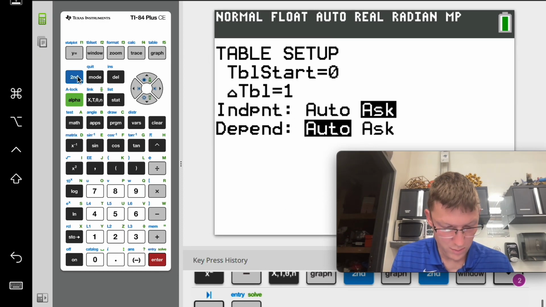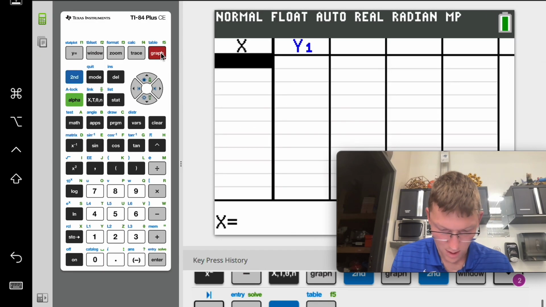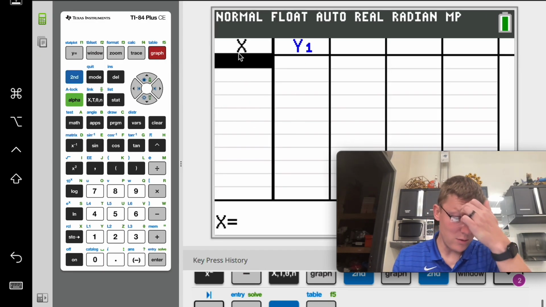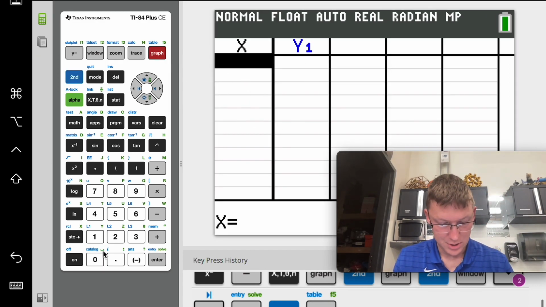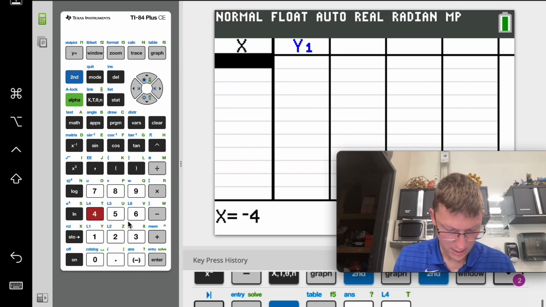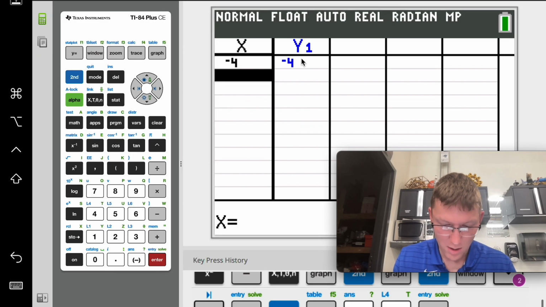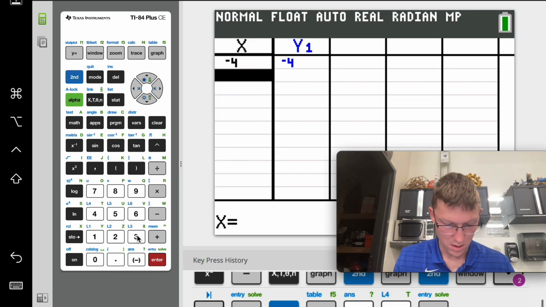So now when we go back up to our table, second graph, there are no values because we get to enter them in. So just like we have on our sheet of paper, I'm going to enter -4, and it automatically pops out our value.